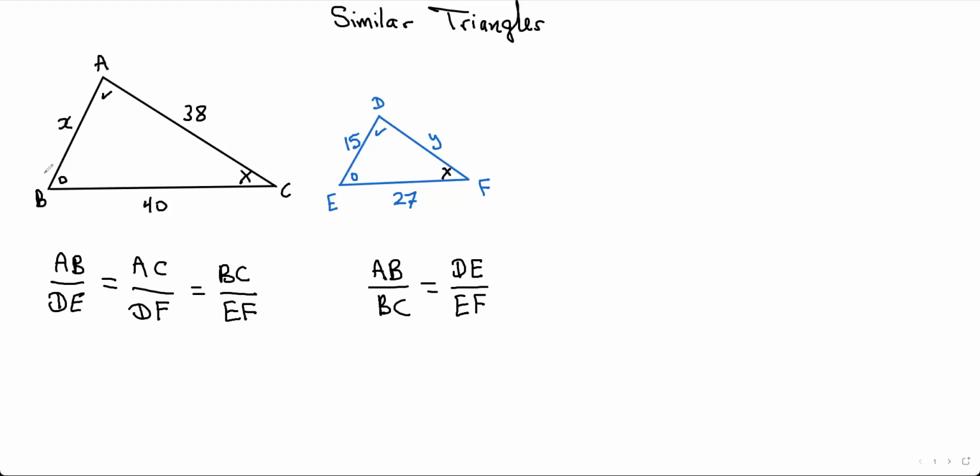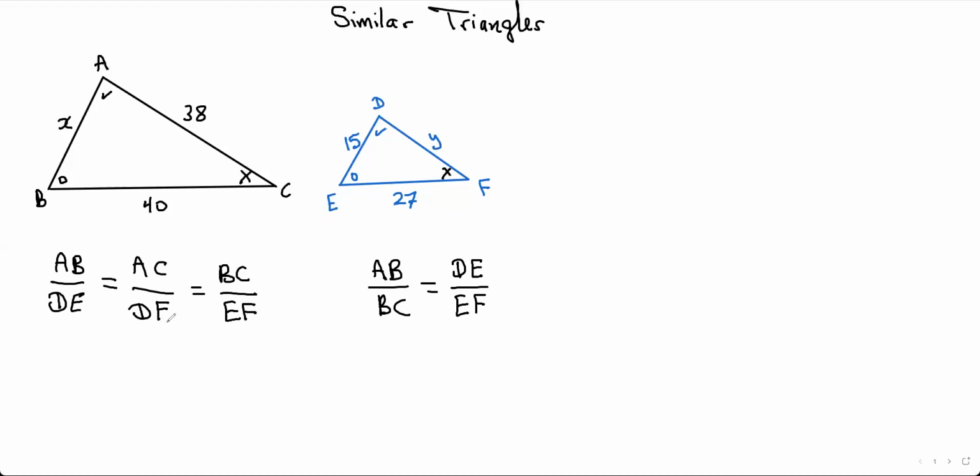So AB over BC is the same as DE over EF. And you could use this kind of proportion with any side you wish. You could go AC over BC is the same as DF over EF. Okay, so that's another way that you could use. I like using this myself, so I'm going to stick to this in this lesson.